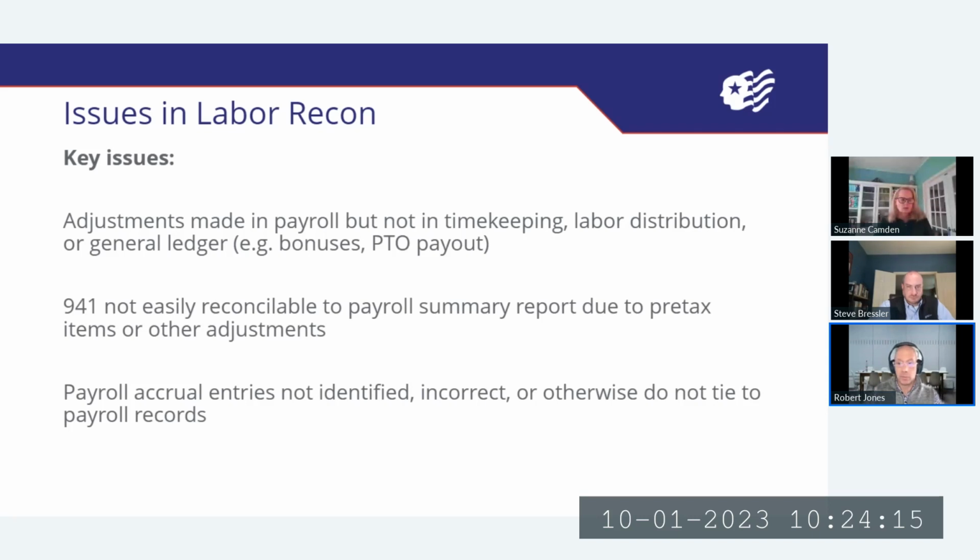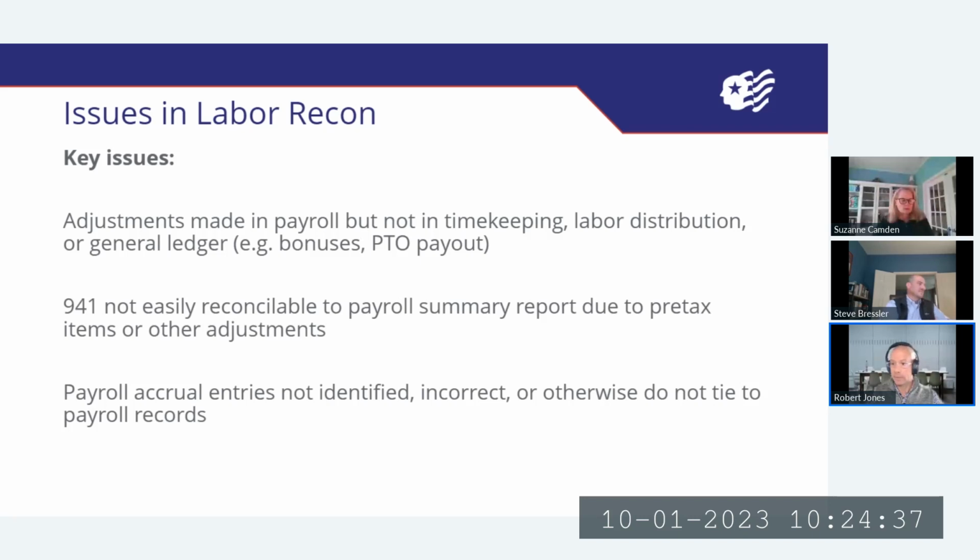So they fix it in payroll, and the employee is happy about it, but they forget to go back and run that information through timekeeping, labor distribution, and or the general ledger. So now all of a sudden we've got a variance between our payroll reports and what we've reported in the general ledger as a labor expense.